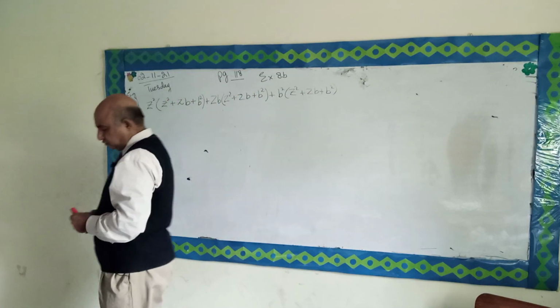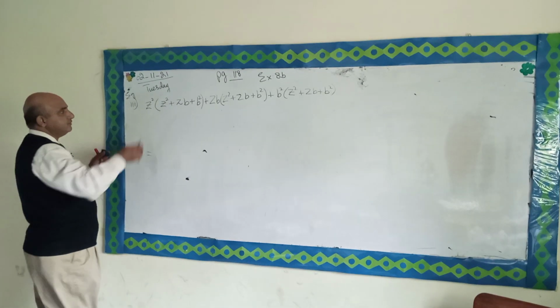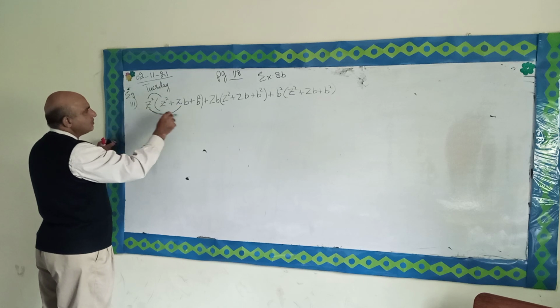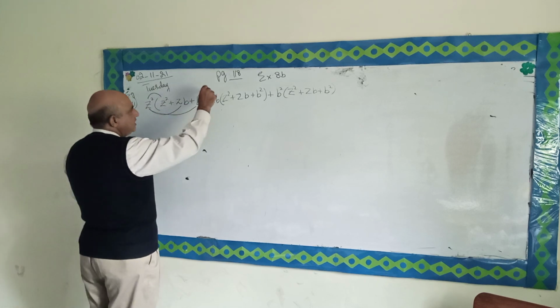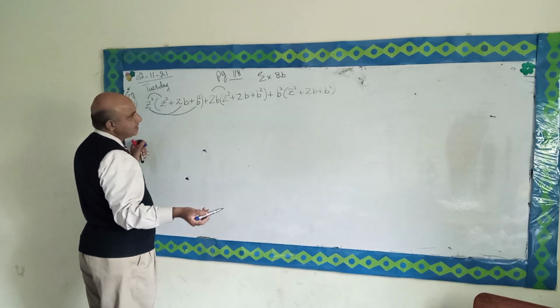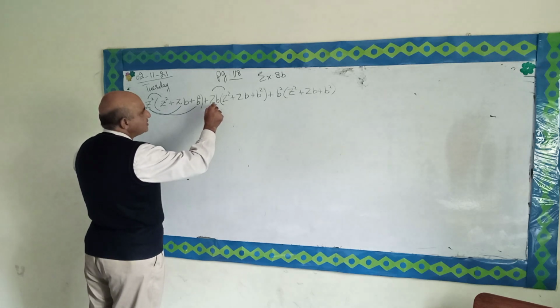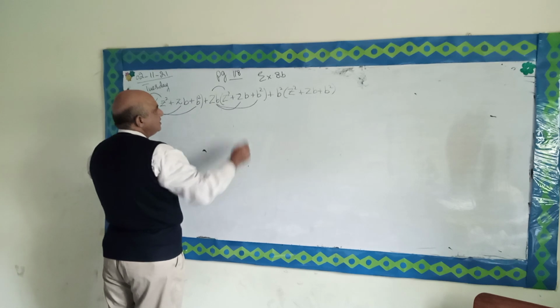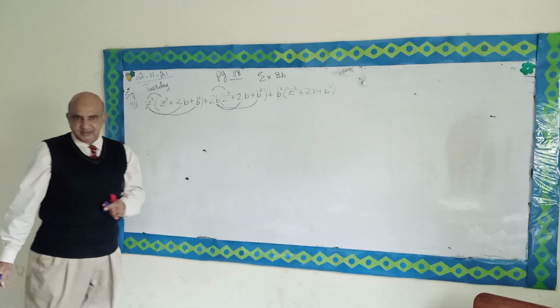We'll multiply z square by z square first, then z square by zb, then z square by b square. Same here, zb by z square, zb by zb, and then zb by b square. Is it true?